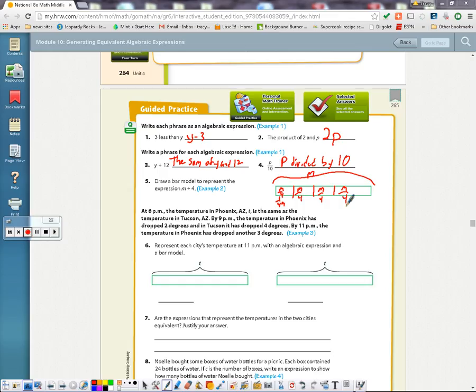So represent each temperature at 11 p.m. with an algebraic expression and bar model. One of these bar models you probably should label Phoenix, and the other one Tucson. Remember that T is the starting temperature at 6 p.m.